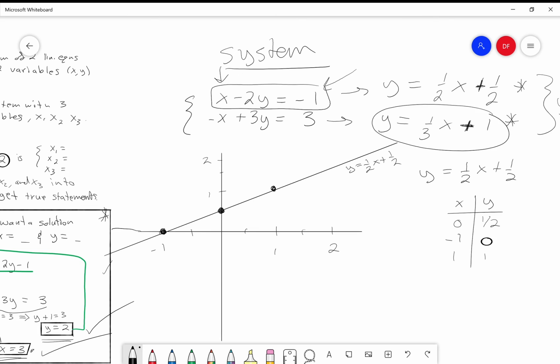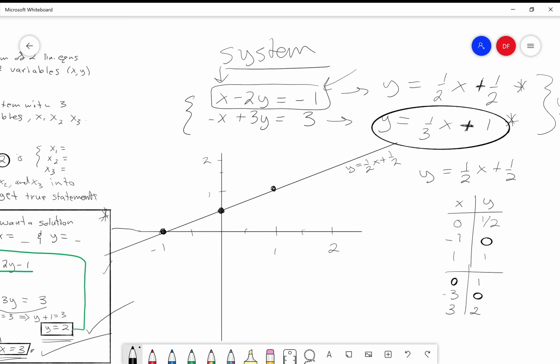And now we want to graph this line here. So when we do that, we'll have x equals 0, y equals 1, x equals negative 3, y equals 0, and x equals 3, y equals 2. So y equals 2, x equals 3 will be like up here. Actually, the 3 will be up here.